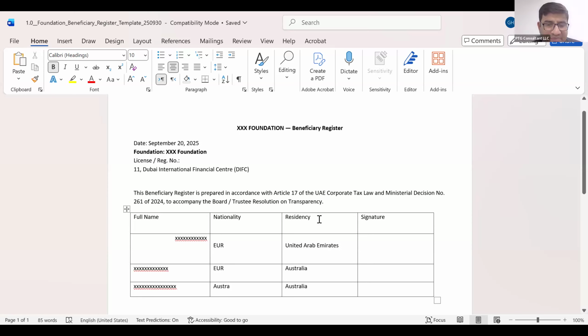Residency means some of them have nationality from, like, Europe, but they are also living here. But in most of the cases I have seen, people just park their investment here, as one of the participants also mentioned. If they keep the investment in another part of the world, it is subject to tax due to local regulation.